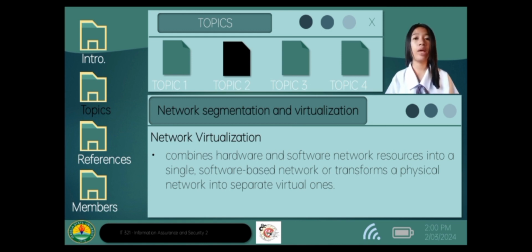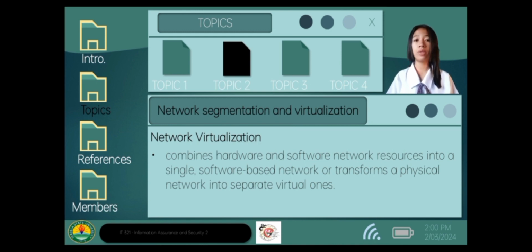It can either blend all these resources together into one large virtual network or divide a physical network into smaller, independent virtual networks. This approach simplifies network management and allows for greater flexibility in allocating and managing resources.